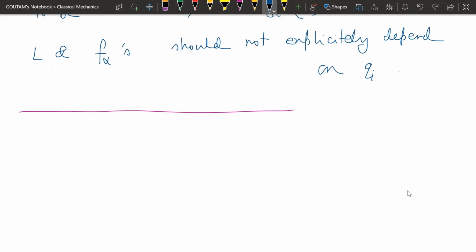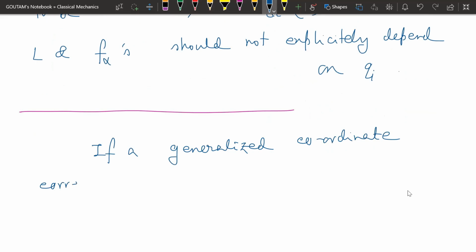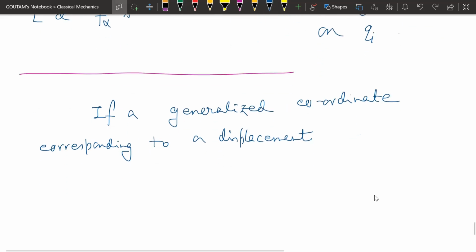So what we learned is, if a generalized coordinate corresponding to a displacement is cyclic, this displacement can be anything.